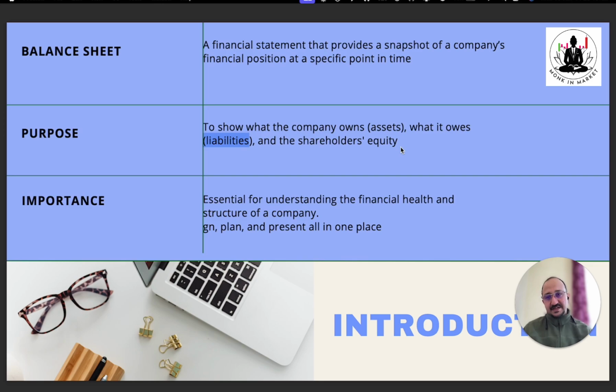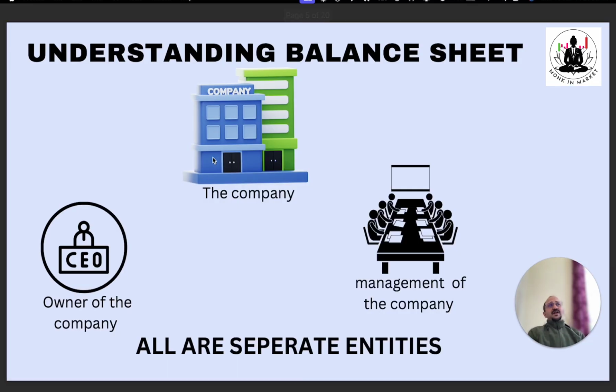So we are going to discuss that thing as well. So what is the purpose? So purpose is to get to know what are the liabilities and what are the assets of the company, right? So importance is that it will help us to make decisions for our own investments, basically, right? Now let's have a small basic overview of a balance sheet, guys.